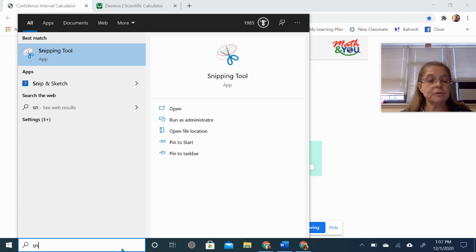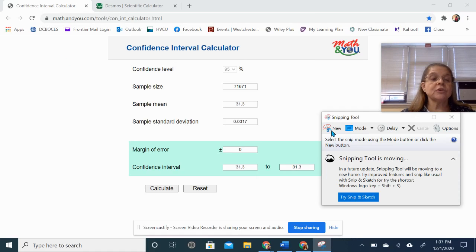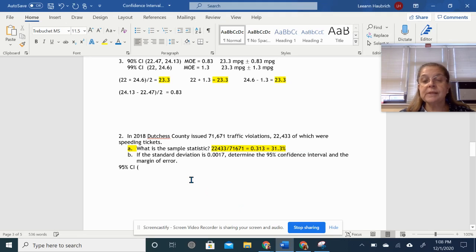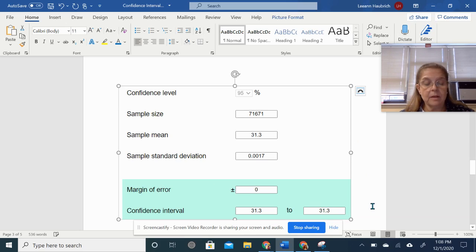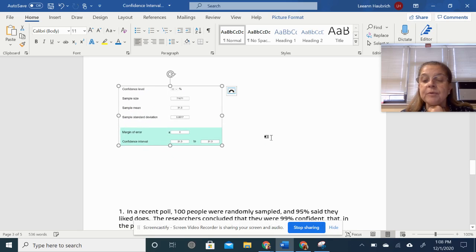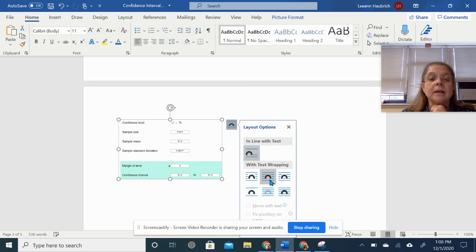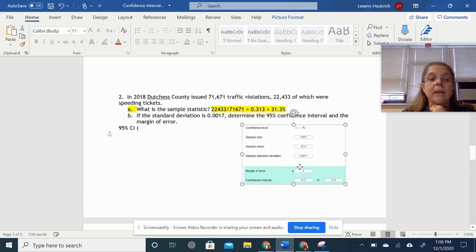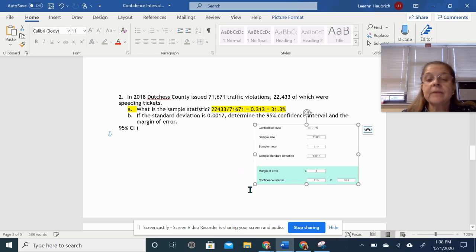I'm going to do a screenshot of this whole piece because I want you to see what just happened. Okay. So the reason why this happened is, did this represent just a sample, or was it the entire set of tickets that were given out that year?